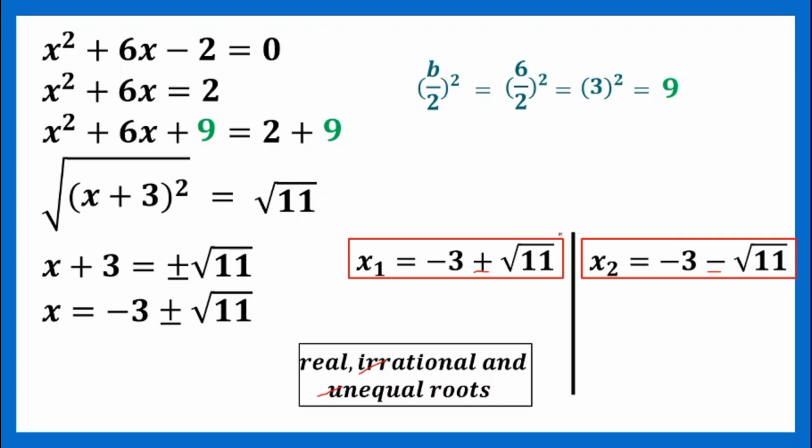Kapag nakita mong naka-square root yan, tapos nasa loob, kasi hindi siya kayang makuhanan ng perfect square, automatic irrational yan. That's automatic irrational. Bakit sinabi kong usually? Kasi hindi lang nasa square root ang irrational. So, marami pang other irrational numbers.